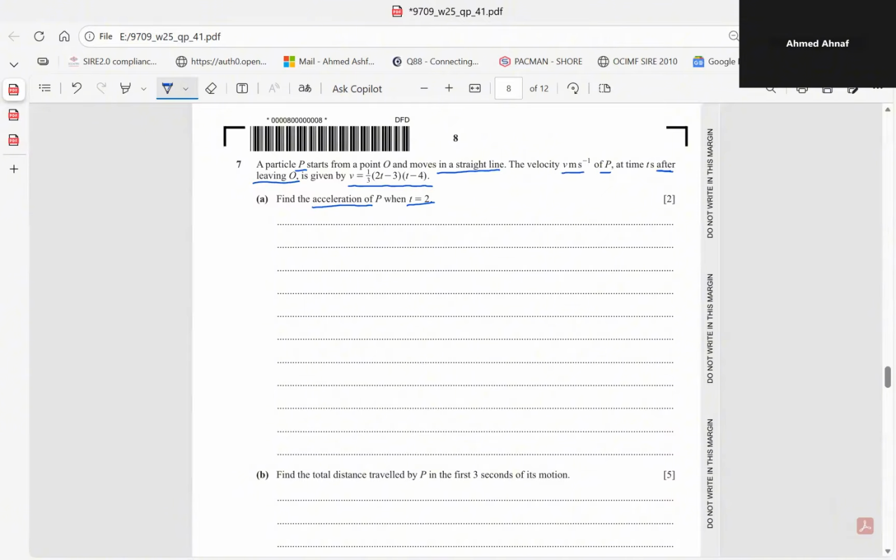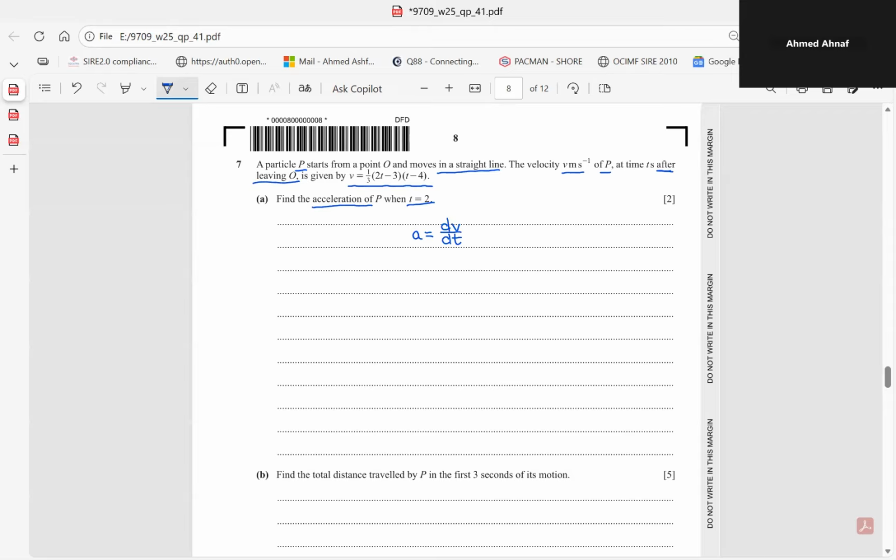If we're given v in terms of t and we need to find the acceleration, we use the fact that acceleration is the derivative of v with respect to t, so dv/dt.